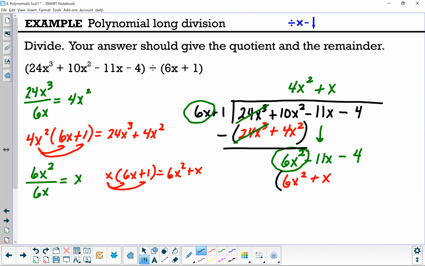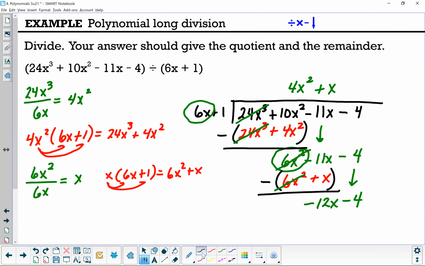Subtract. So we have 6x squared minus 6x squared. That is eliminated. And then we have the negative 11x minus 1x. So that gives us negative 12x. Bring it on down and bring it on back.